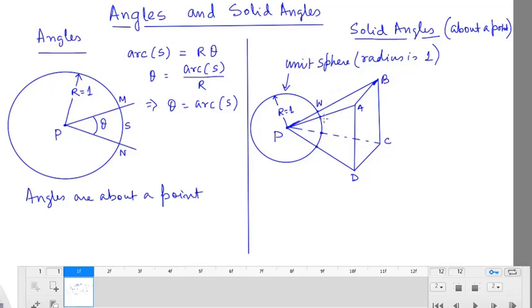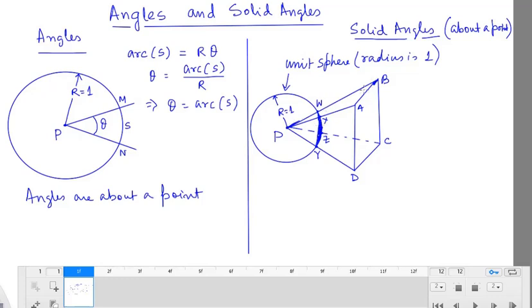Suppose this is W, this is X, this is Y, and this is Z. So there will be a little bit of area which is cut by the unit sphere, right? The portion of an area which is cut by these lines.